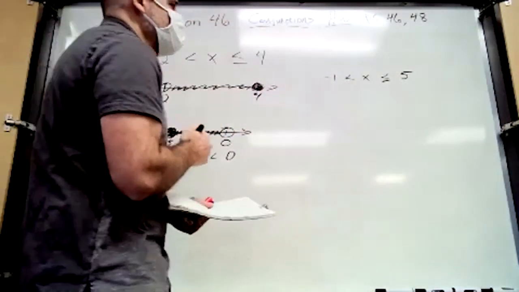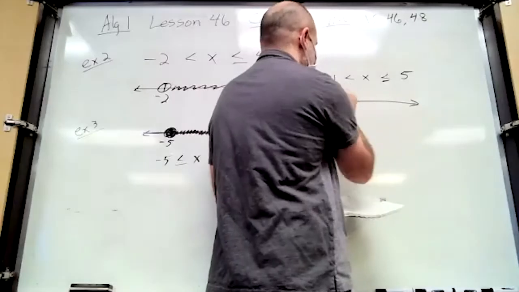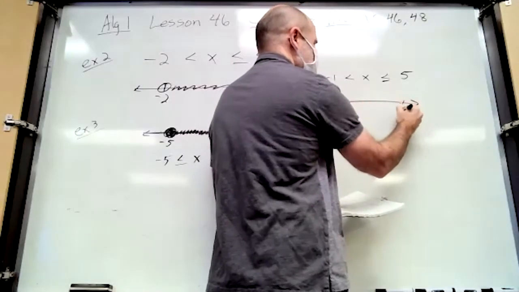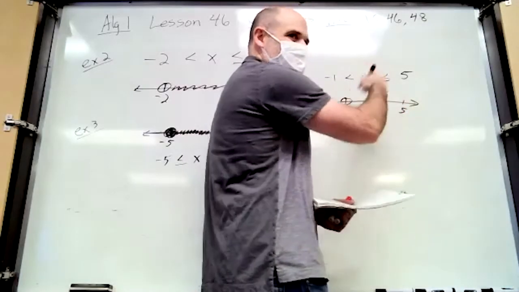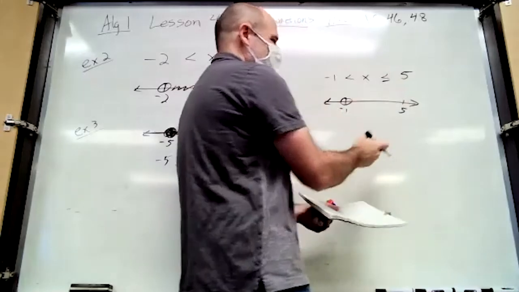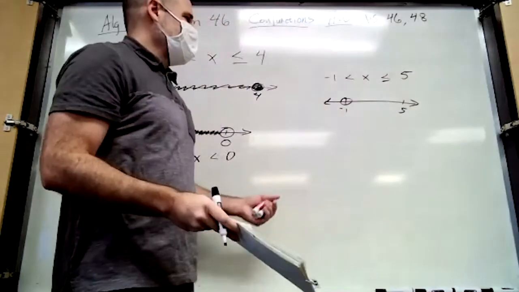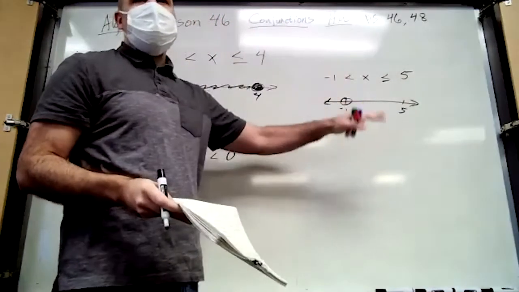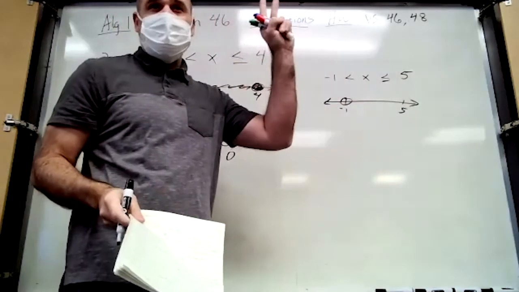Okay, so let's see, -1, 5. This is so easy because you don't have to worry about the little dashes and stuff. You don't have to figure out how many numbers you're going to put on the number line. You just put 2 numbers on the number line.